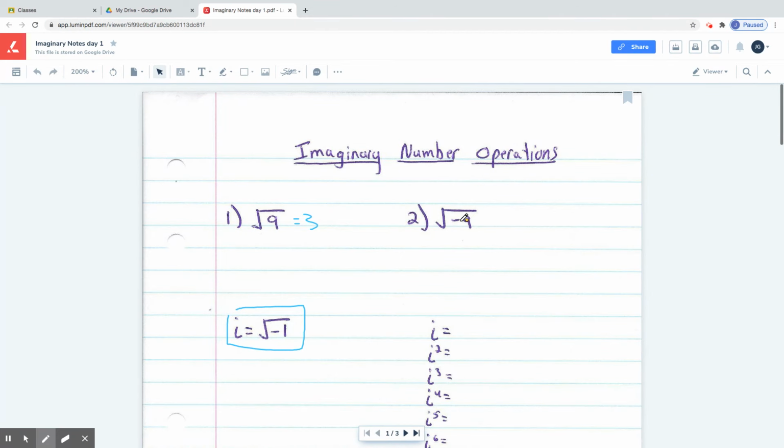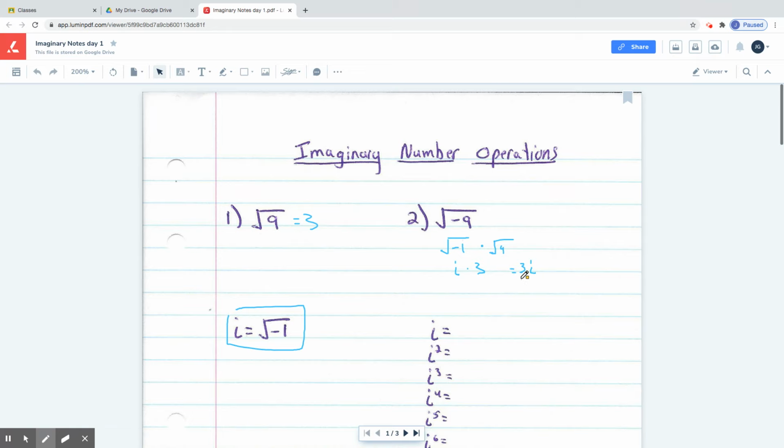So if I wanted to rewrite this, I can rewrite it as the square root of negative 1 times the square root of 9. The square root of negative 1 is i, and the square root of 9 is 3. And so that means the answer is 3i.